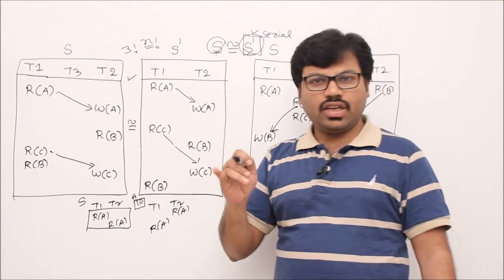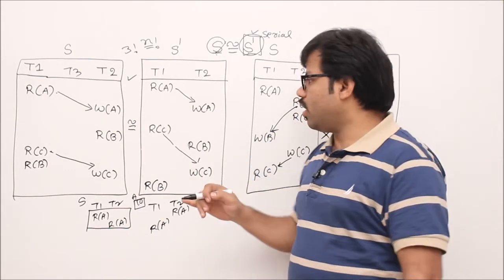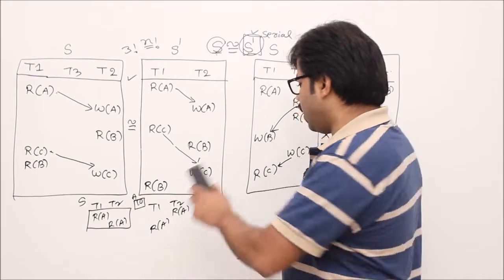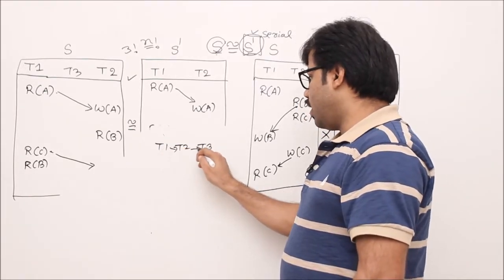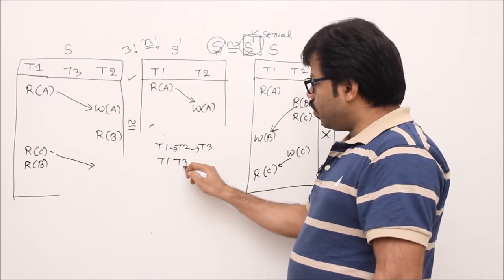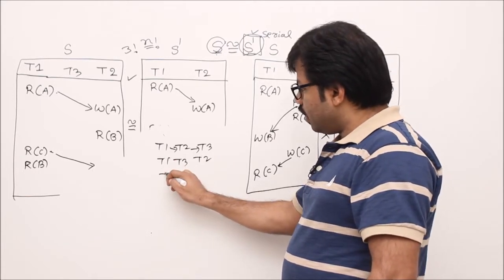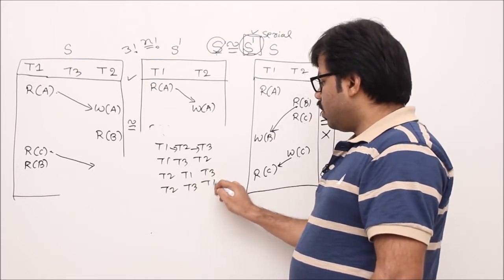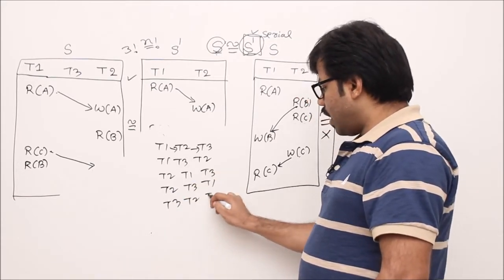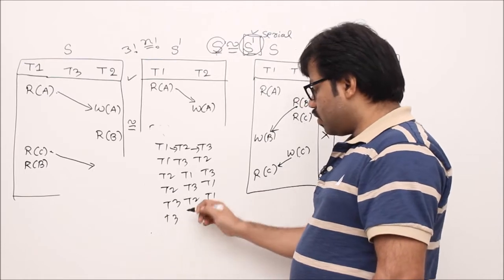Simple. T1, T2, T3 is one serial schedule, T1, T3, T2, let me list them out. T1, T2, T3, one serial schedule, and T1, T3, T2, then T2, T1, T3, T2, T3, T1, T3, T1, T2, and T3, T2, T1.